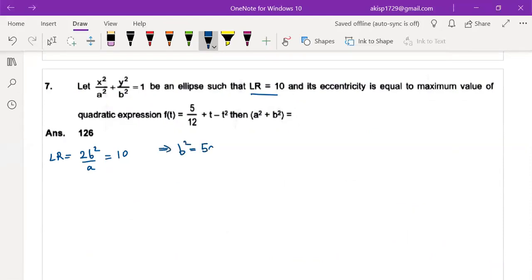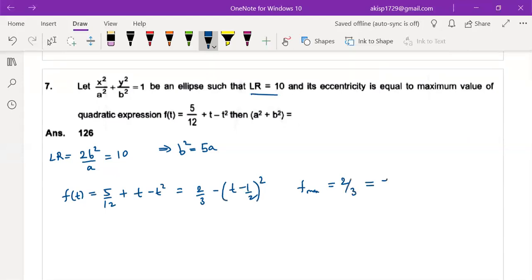Also, it is said that the eccentricity is equal to the max value of this quadratic expression. So we want to find the max of this f of t, which is 5 by 12 plus t minus t square. We can complete the square of this expression and rewrite it as 2 by 3 minus (t minus half) whole square. So we can see that f max is nothing but 2 by 3 only, which is given to us as the eccentricity of the ellipse.